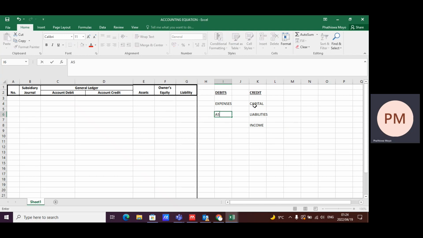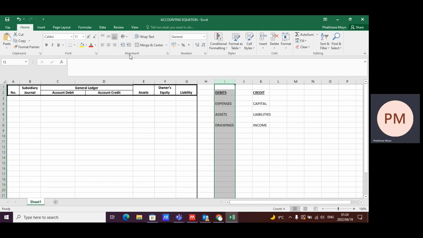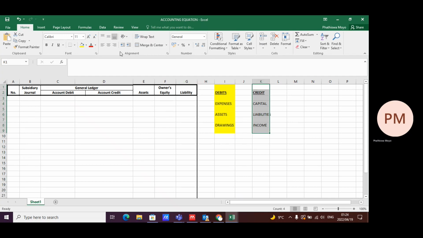We debit assets. Debit drawings. Yeah, just about it. So this is very important when you're doing your accounting equation.